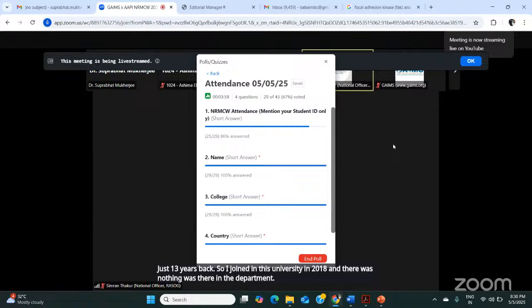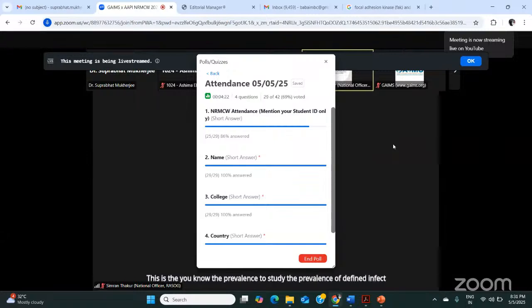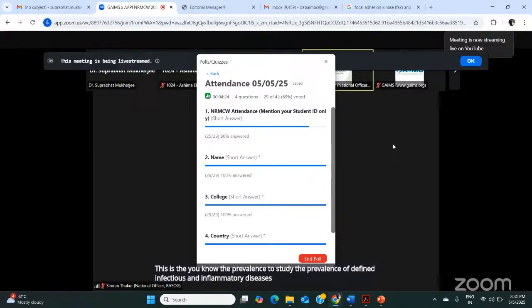So the first grant I clearly mentioned was that it is a new university, and within a 100-kilometer radius there is no other university, and this institute is serving this much population. So the first project that I wrote to the University Grants Commission was to study the prevalence of different infectious and inflammatory diseases in and around Kazi Nazrul University, comprising the coal mining workers.